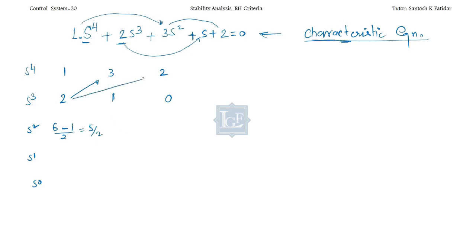You multiply 2 into 2, 4 minus 0, divided by 2, so you get 2. Now you find this value: 5 by 2 into 2 minus 4, divided by 5 by 2, you get minus 3 by 5. And this value you will get 2 over here.